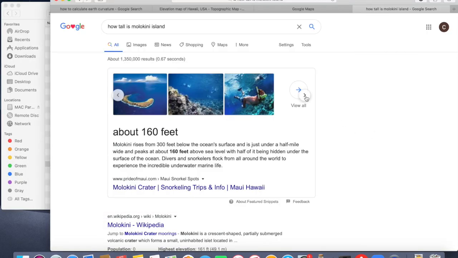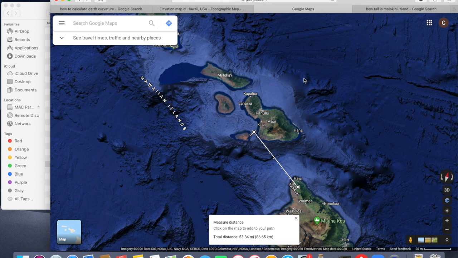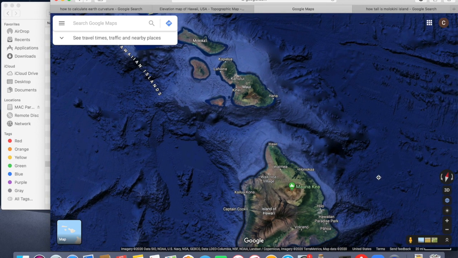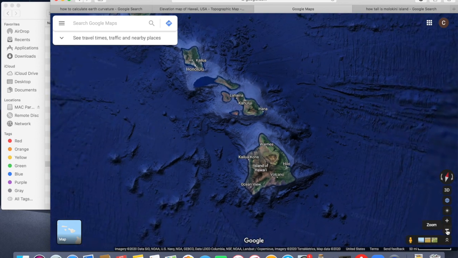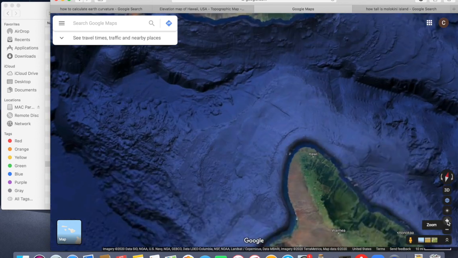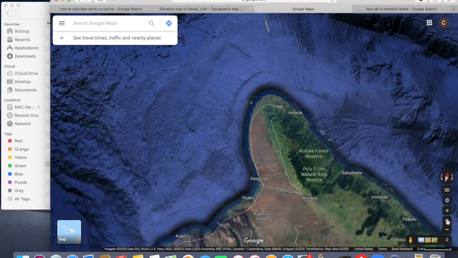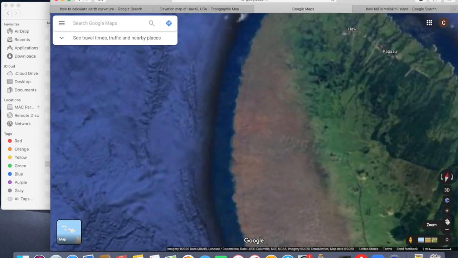So again, Molokini is only 160 feet tall. You can go measure it if you don't believe Google. Maybe we should, because who knows what Google is up to? Who knows? Why is their number wrong? Or is it my numbers that are wrong? Huh? Anybody scold me on that? Say, hey Louis, get back to the math class right now.